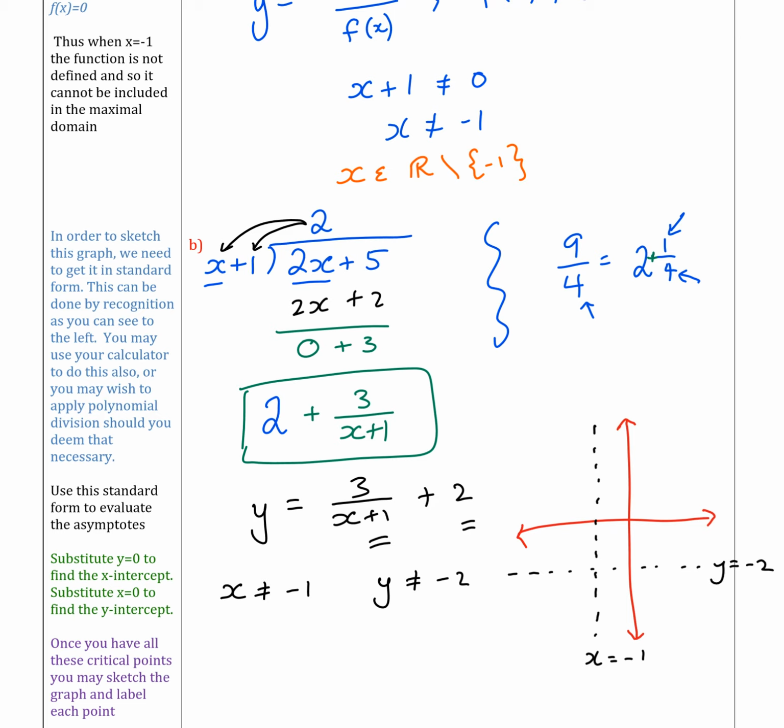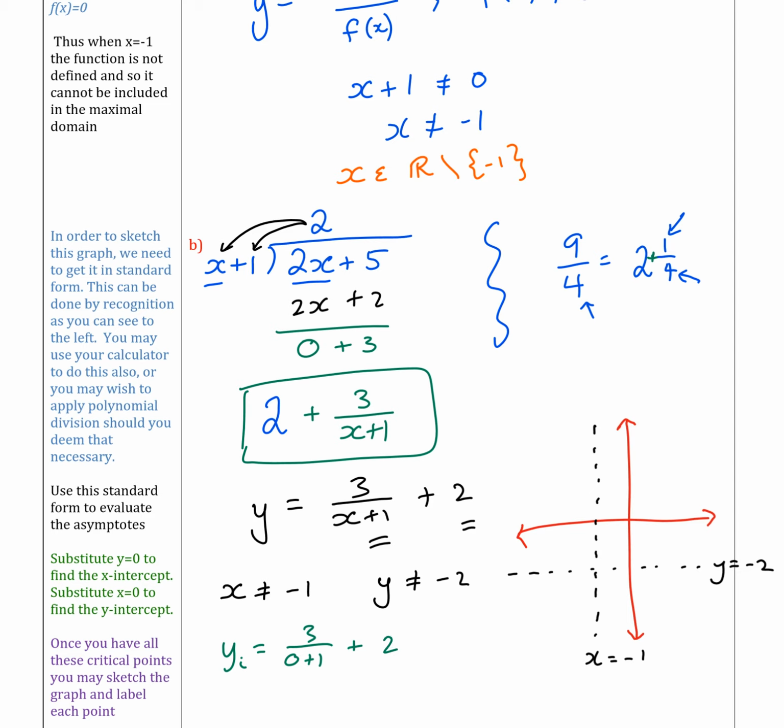So they're 2 critical points that we've labelled, but like always, we also need to find the intercepts. So we can find the y-intercept by letting x equal 0. Well, the y-intercept is equal to 3 over 0 plus 1 plus 2.